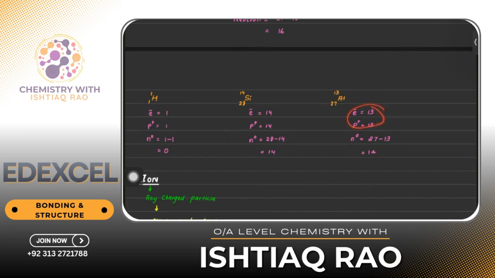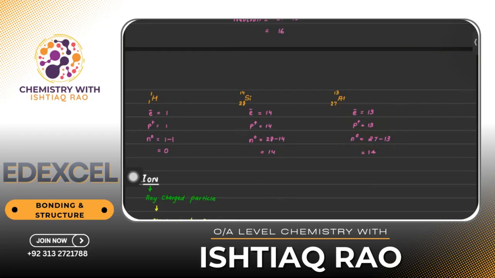They are always the same when there is no charge. They will be different when there is a charge, whether positive or negative. And how can we find out the number of neutrons? We always subtract the smaller number from the higher number. That is 27 minus 13, that is 14. It's the number of neutrons in aluminium.